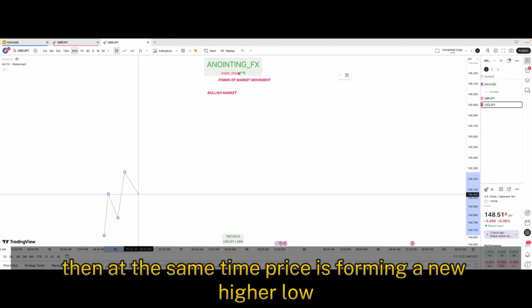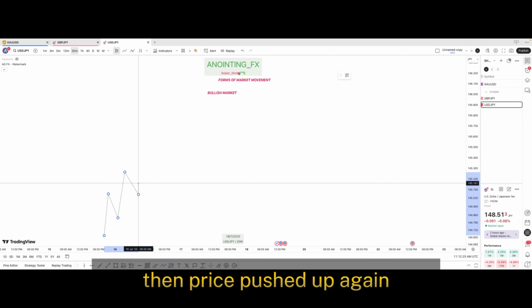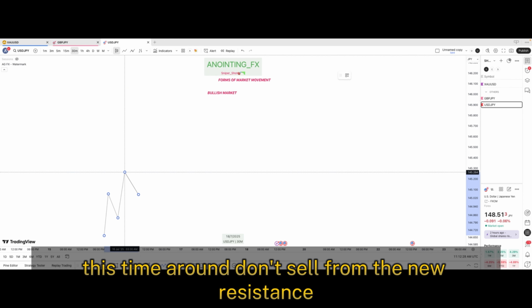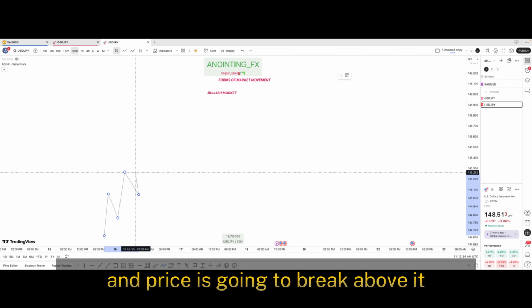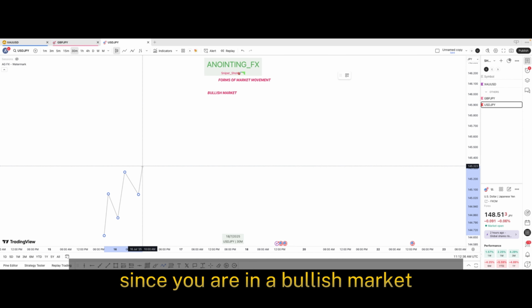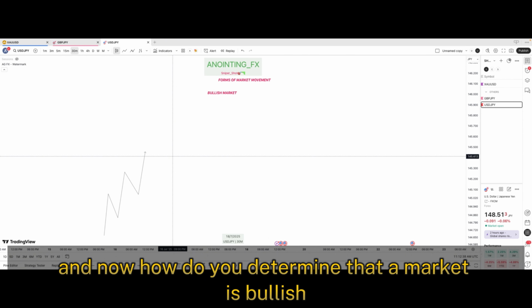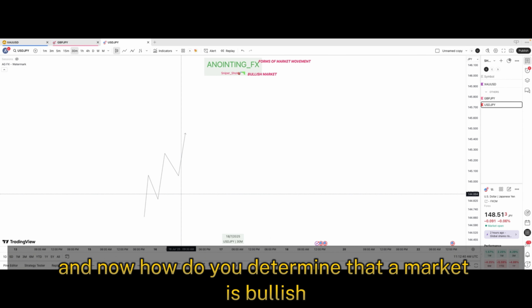Then at the same time, price is forming a new higher low. Then price pushes up again. This time around, don't sell from the new resistance because it's a higher high and price is going to break above it since we are in a bullish market. And now, how do you determine that a market is bullish?